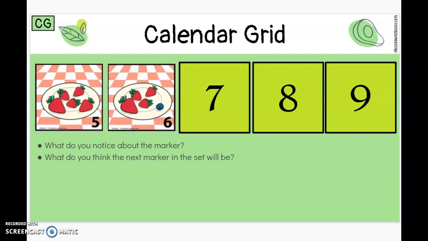What do you notice about this marker? Now, you may have noticed that we have a blueberry on the plate. We still have some strawberries here, but do we have the same amount of strawberries? No, now we only have 4 strawberries. Do we have the same amount of fruit? Yeah, we do. We still have 5 pieces of fruit. The only difference is, well, now one's a blueberry.